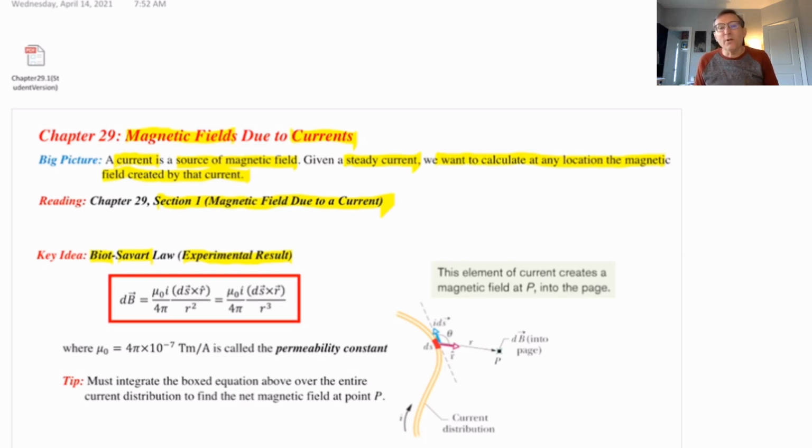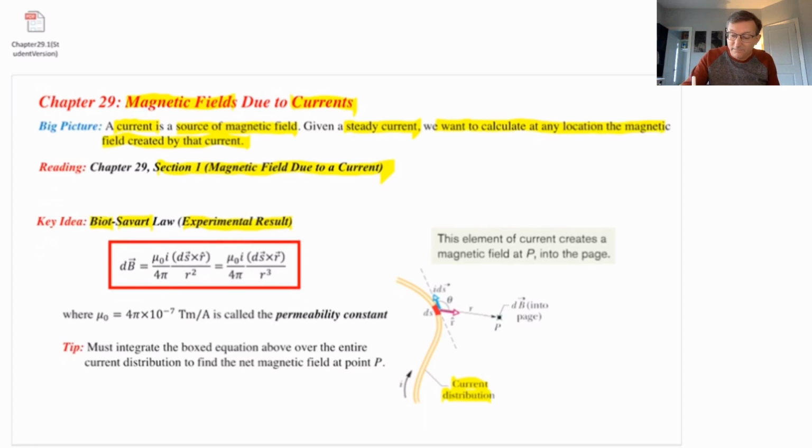So the picture over on the right is meant to represent what is labeled there, a current distribution. And of course, what it's meant to show you is a portion of conducting wire. You can see it's got some pretty complicated shape. It's winding around in the plane of the screen. And of course, it's not just sitting there completely isolated from anything else, as the drawing seems to imply.